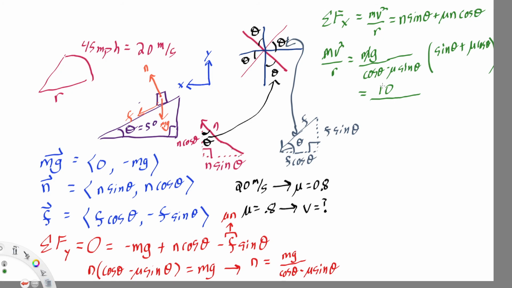In fact, cosine of 5 is 0.996. And then mu is 0.8. Sine of 5 degrees is similarly going to be a pretty small number because sine of 0 is 0. So sine of 5 is going to be like 0.087.